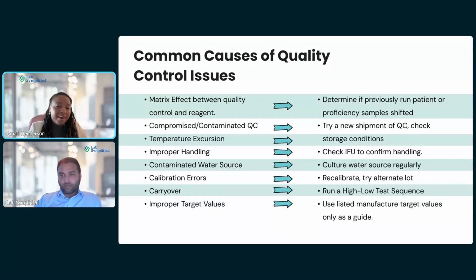And they'll say, oh, I didn't realize there were different units that I need to pay attention to. So just make sure your target values are in the right units and that you're looking at the appropriate target values for your method of your assay. You can find your method for your reagent in your reagent instructions for use. That's a place where you can find your specific method to know if you're looking at the appropriate target values.